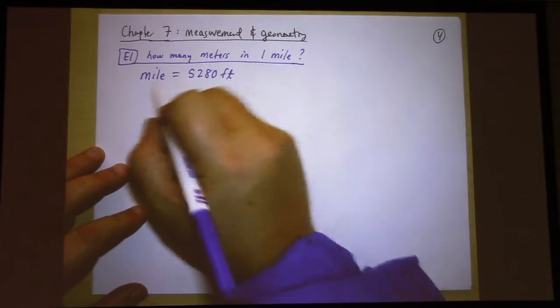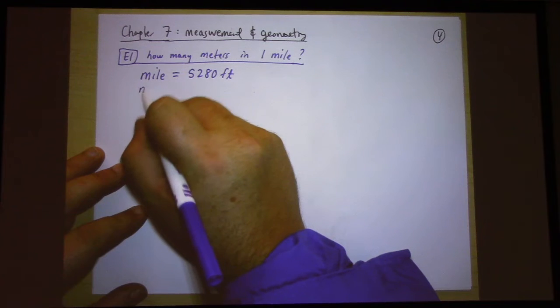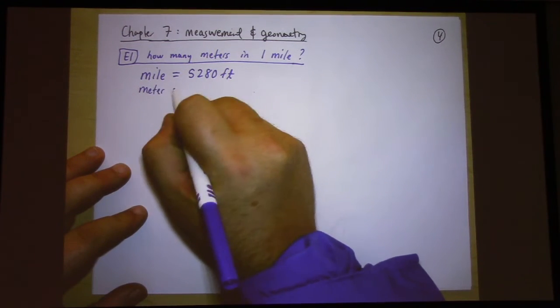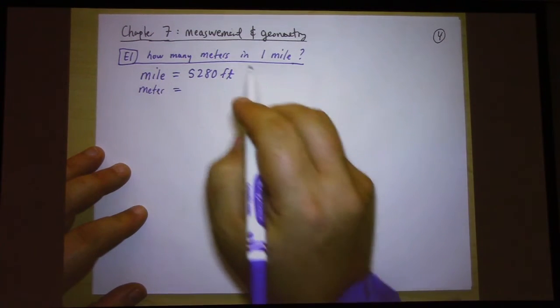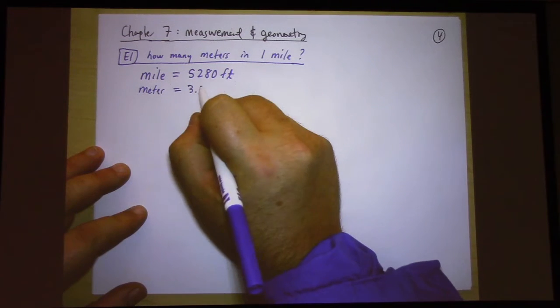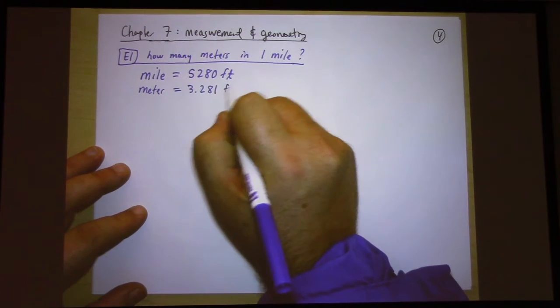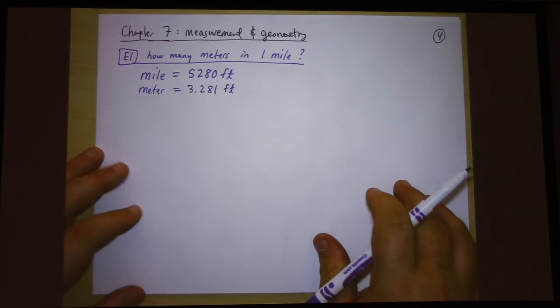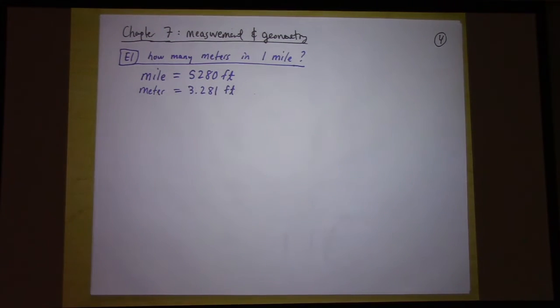How much is a meter in terms of feet? A meter is 3.281 feet. So if I know those two things, I can convert a mile to meters.